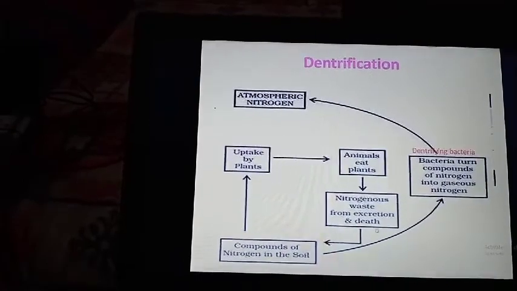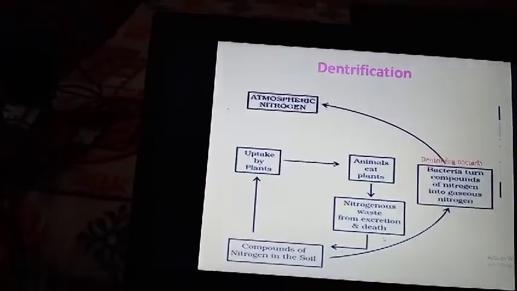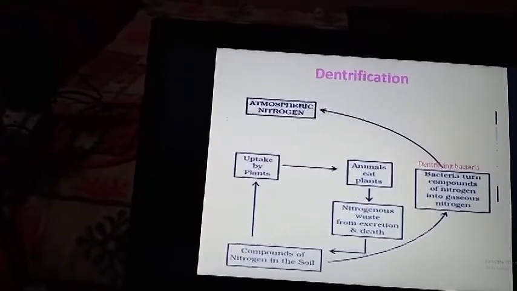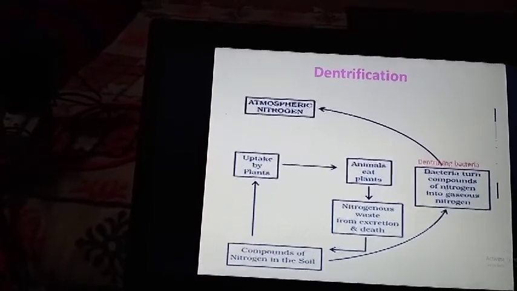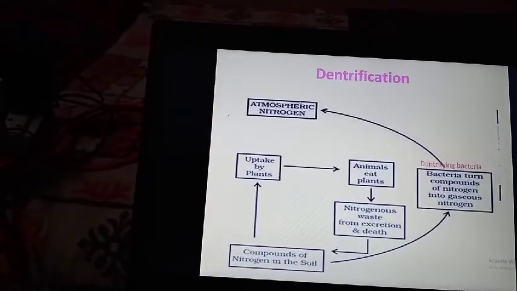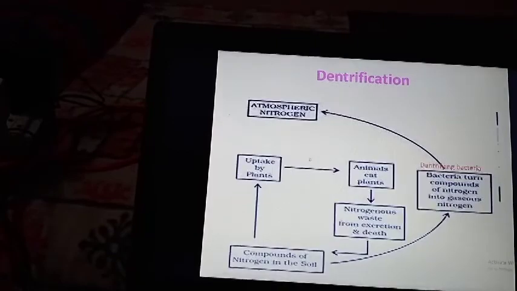So the nitrogen gas is released into the air. The nitrogen gas is produced by denitrifying bacteria from nitrogenous waste, released into the atmosphere and reaches back to the atmosphere. This is called denitrification.